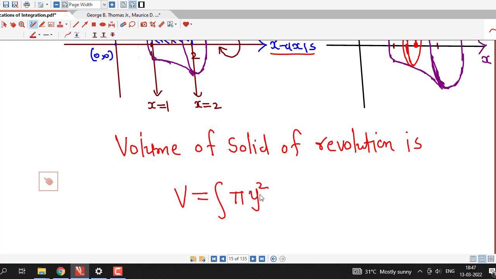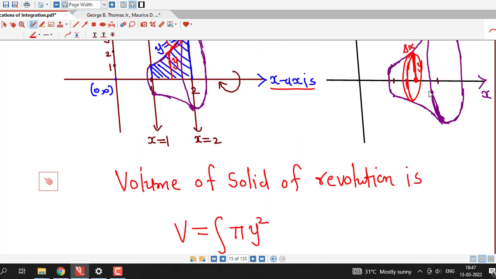This is the area of the base of this circular disc. This base area, which is like a circle, is pi y square.